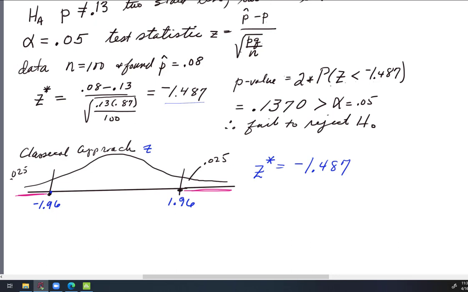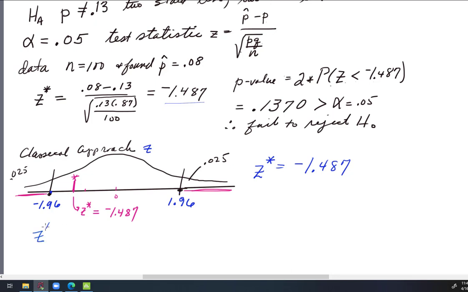And now all I need to do is to put z star into this picture. Negative 1.487, this would be 0 right here, and this would be about 1 right here, and somewhere right in here would be z star, which is the observed value of z, equals negative 1.487.